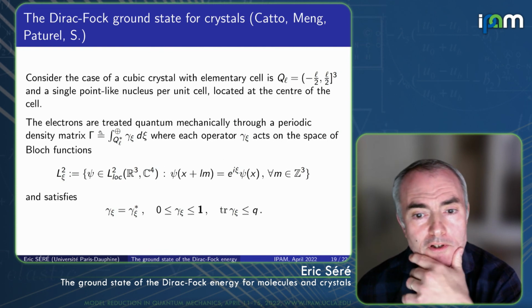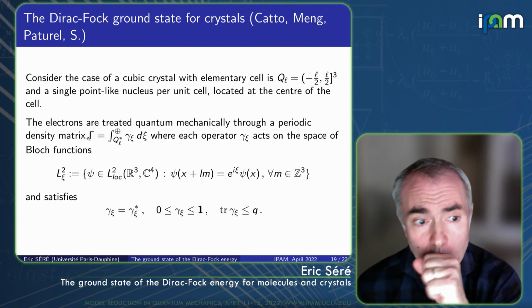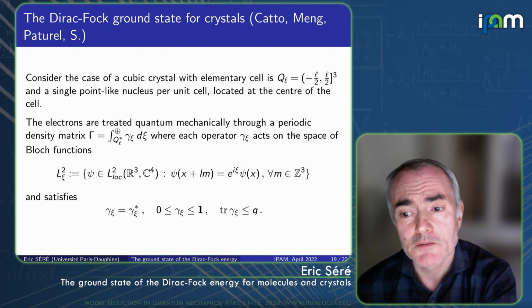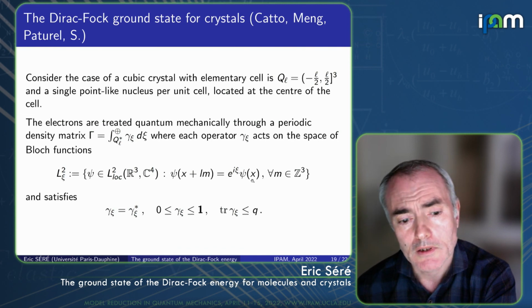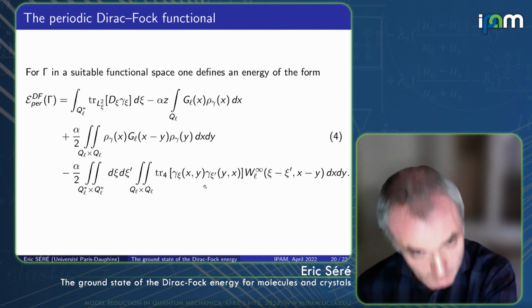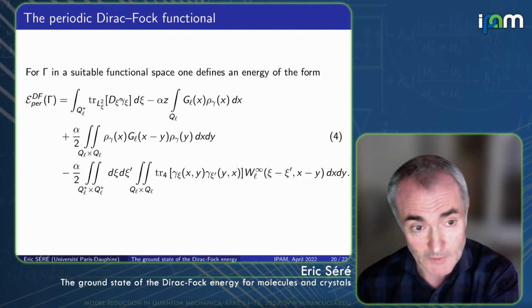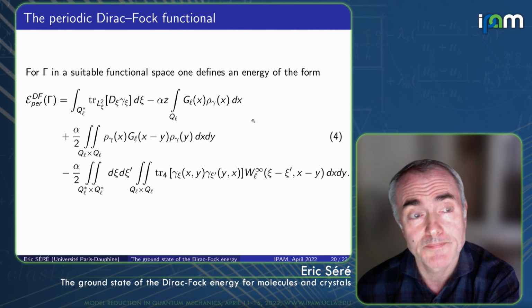You look for an electronic state, a multi-electronic state, which is given by a periodic density matrix, which can be split into density matrices on each space of Bloch functions. So you get a full energy. I don't even want to comment on this, okay? But that's the Dirac-Fock energy you get for this periodic system.